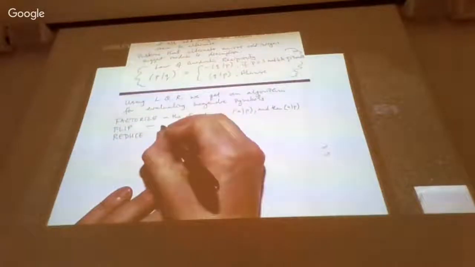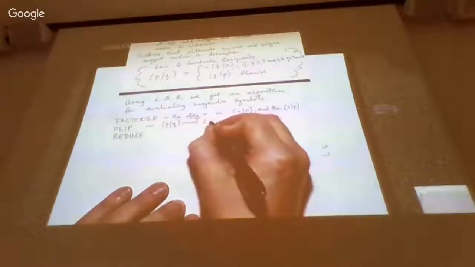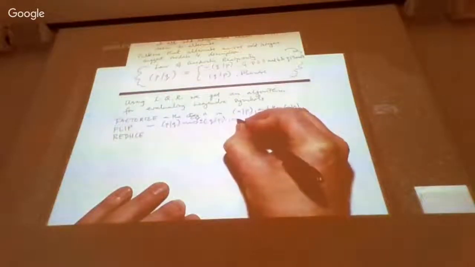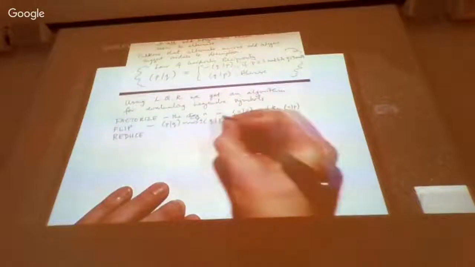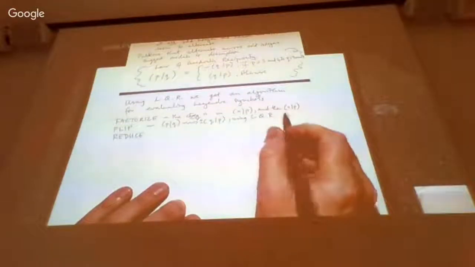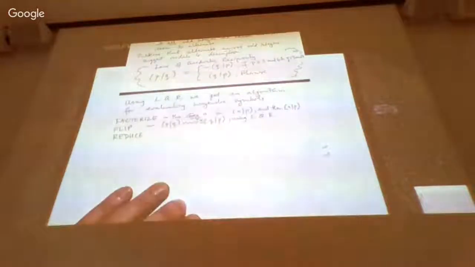Then flip (p/q) to (q/p), and it's either plus or minus (q/p), and whether it's a plus or a minus, the law of quadratic reciprocity tells you. It tells you whether you need a minus sign when you flip the Legendre symbol.